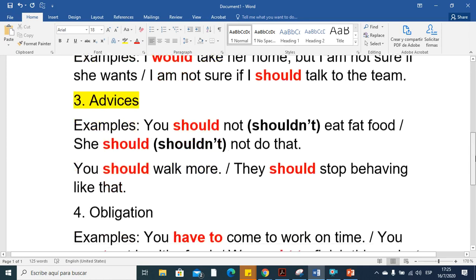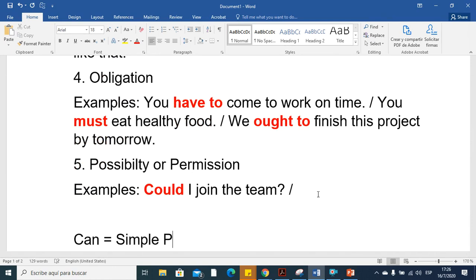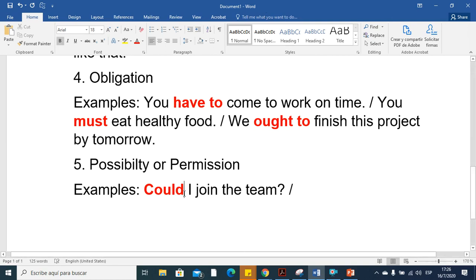But this form right here, could, is the verb could in simple past. Remember that the verb can is an irregular verb, so the simple past form would be could. Now, here we're using it as a modal verb, so it doesn't really matter if the verb is in past, because we can use it in the present in this case, but we can also use it in the past.